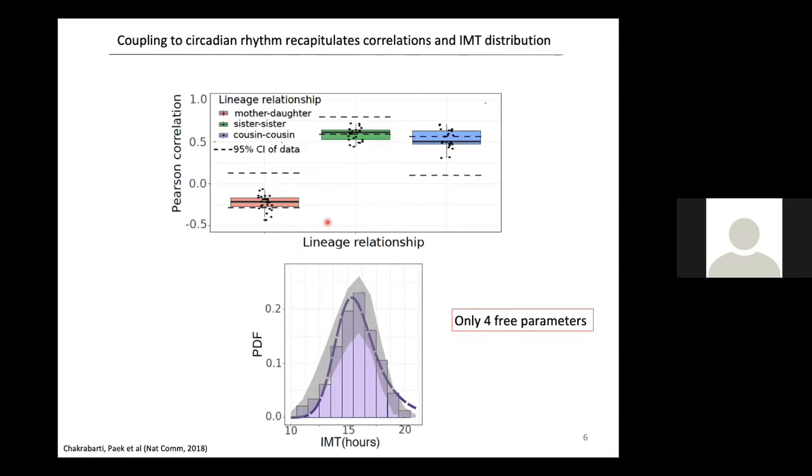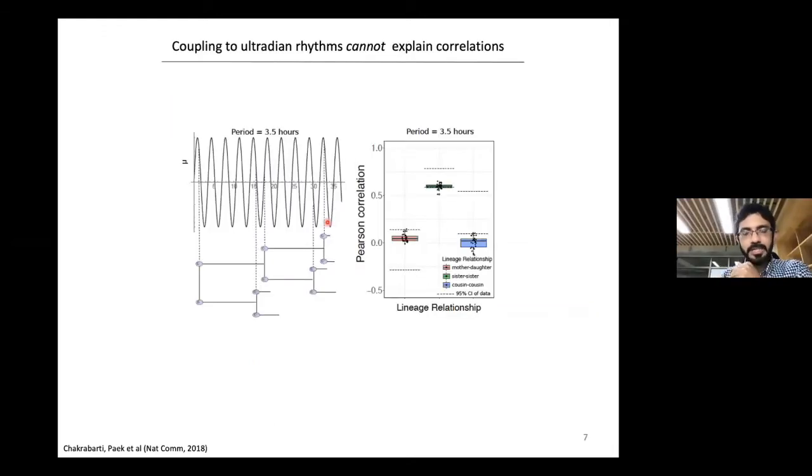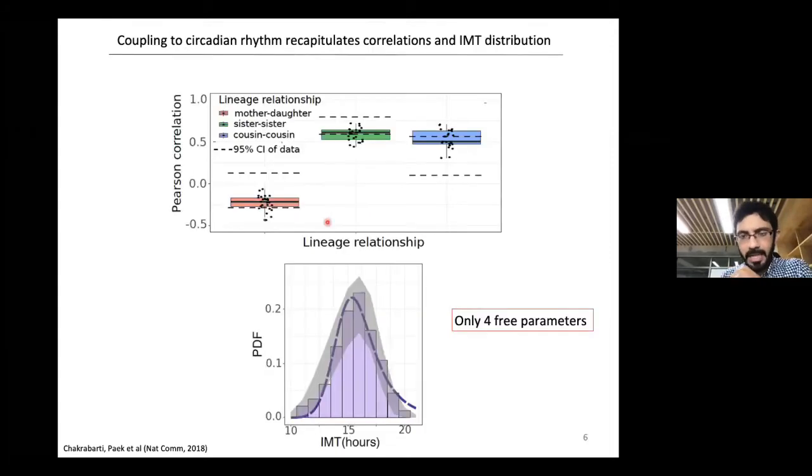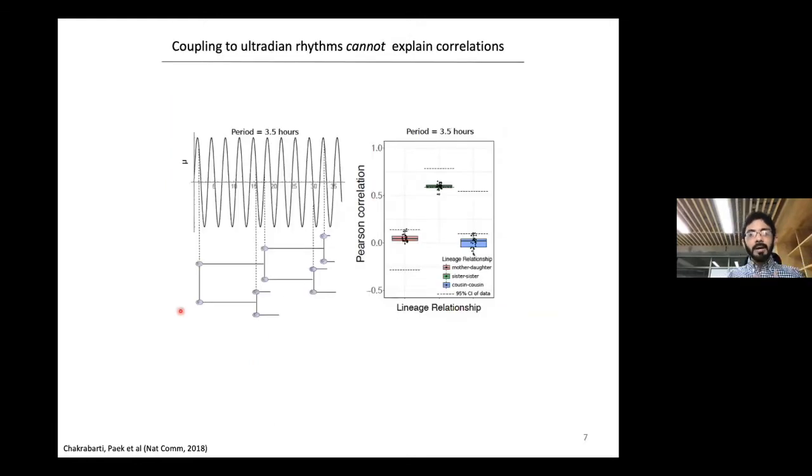Okay. The next question that we asked is this. On this slide, we've shown that a model with a 24-hour oscillator can explain all of this data coming from our microscopy experiments. But we also know that a lot of the so-called ultradian rhythms, for instance NF-kappa B oscillations and Hes1, Hes7 oscillations, almost always exist in mammalian cells, and they tend to have an oscillation period on the order of 3.5, 4, 5 hours.